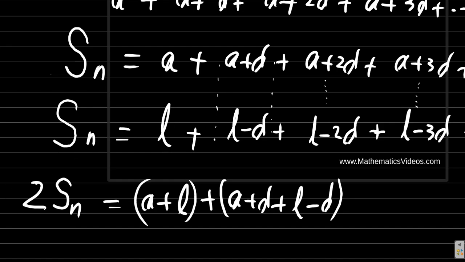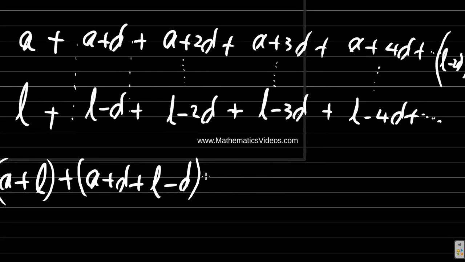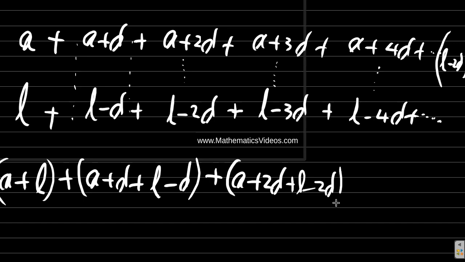Remember, it's A plus D, and we add it to L minus D. Remember, we're adding the terms that line up with each other, right? Then, plus what now? It's going to be A plus 2D, right? It's A plus 2D plus L minus 2D, alright? A plus 2D plus L minus 2D plus.